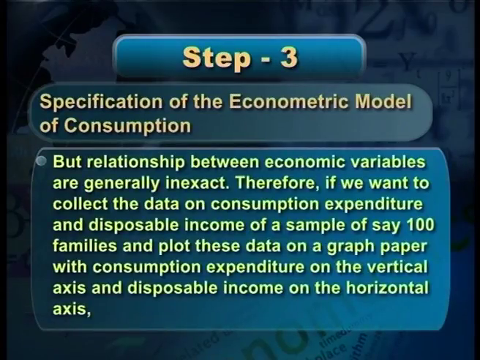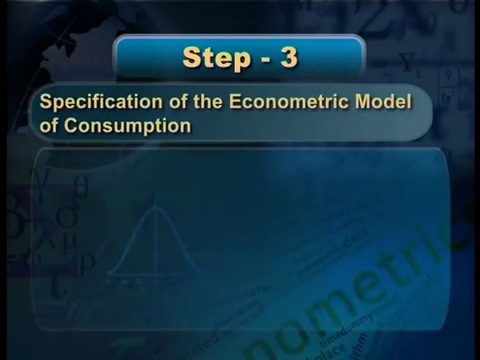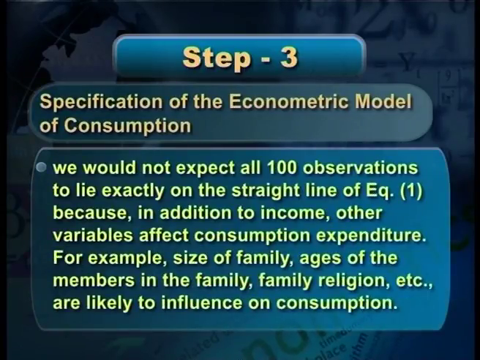Therefore, the relationships between economic variables are generally inexact. If we want to collect data on consumption expenditure and disposable income of a sample of, say, 100 families and plot this data on graph paper with consumption expenditure on the vertical axis and disposable income on the horizontal axis, we would not expect all 100 observations to lie exactly on the straight line of equation 1, because in addition to income, other variables affect consumption expenditure.